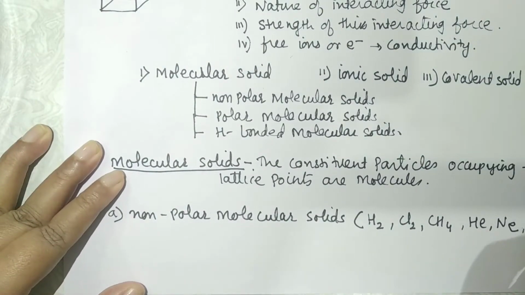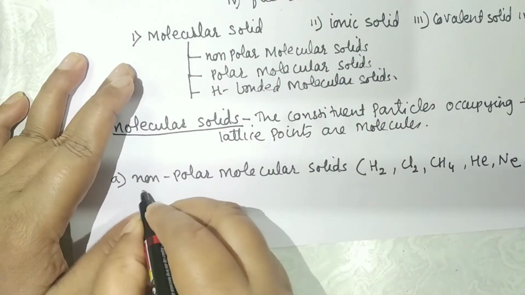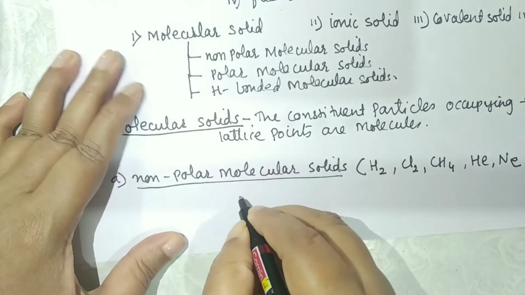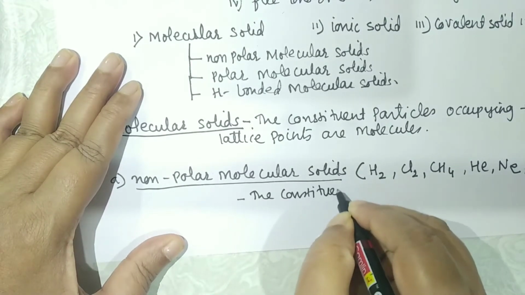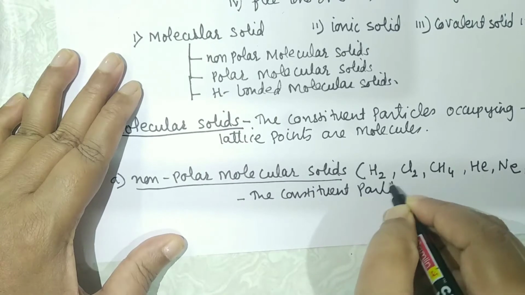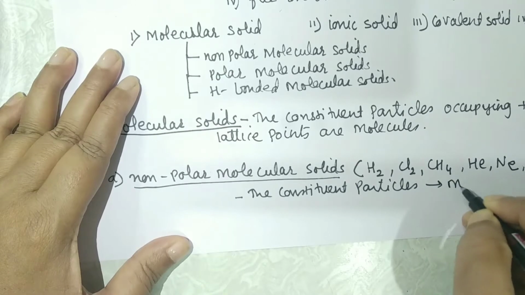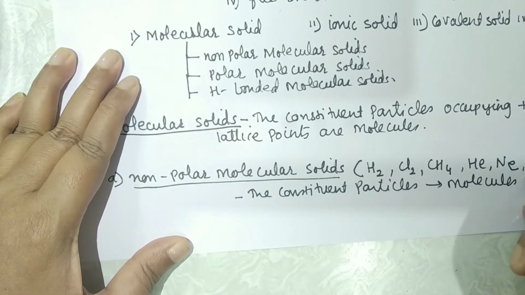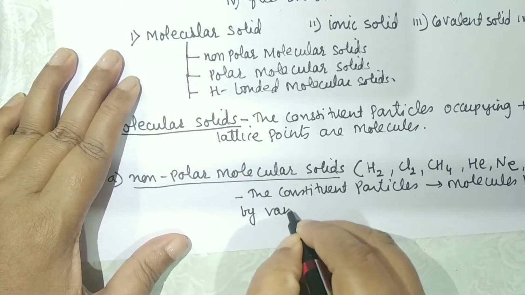You can have I2, etc. as examples for non-polar molecular solids. Now the definition for non-polar molecular solids is that the constituent particles occupying the lattice points are molecules held together by weak van der Waals interaction.